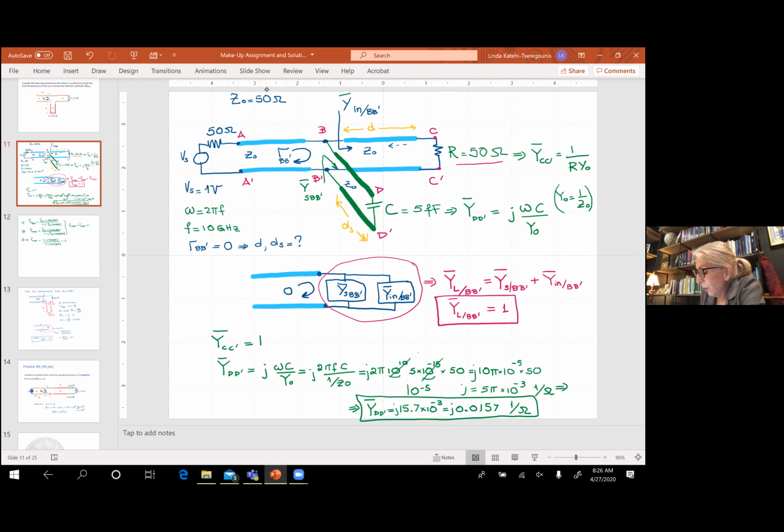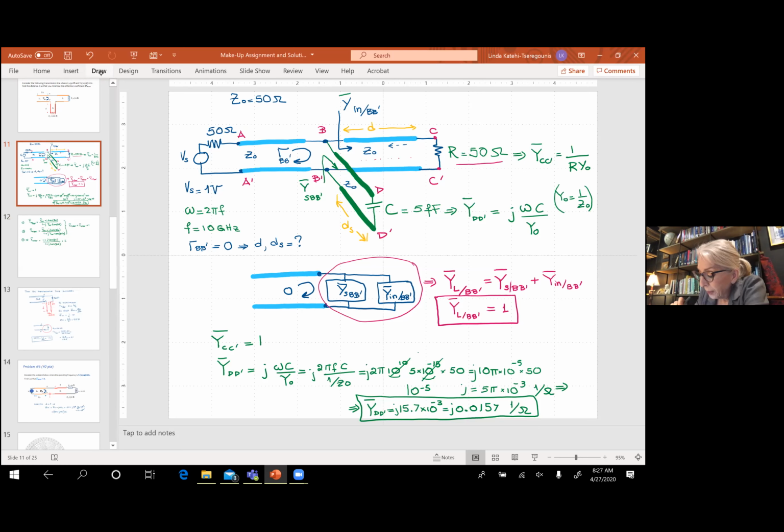The reflection coefficient on any point of this line is 0. And therefore, when the reflection coefficient at any point of a line is 0, then the line is matched, regardless of what length it has. And that's what we found.